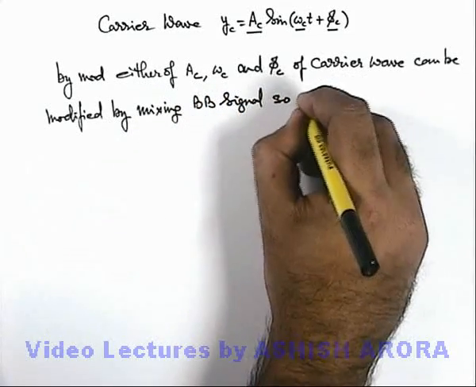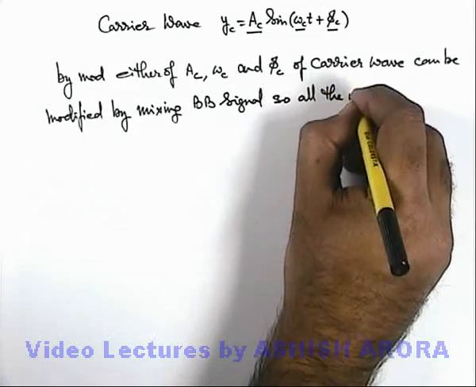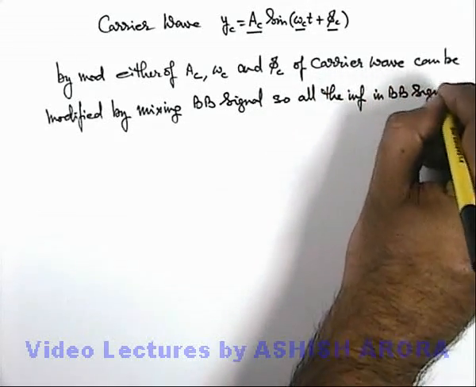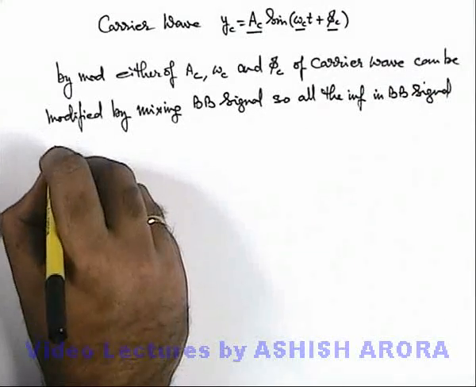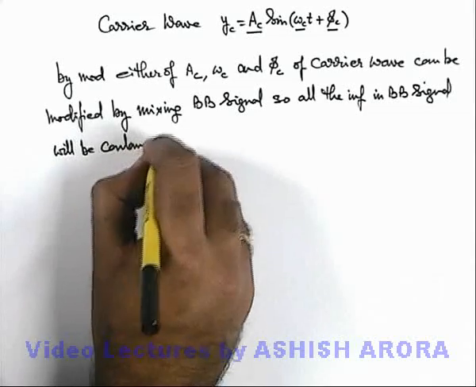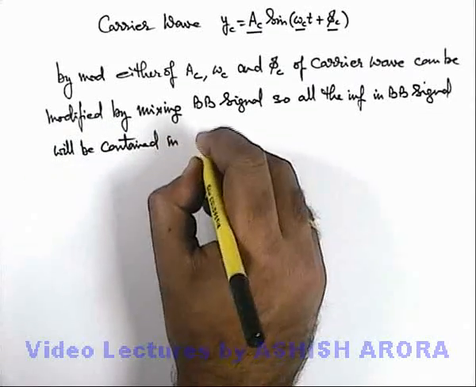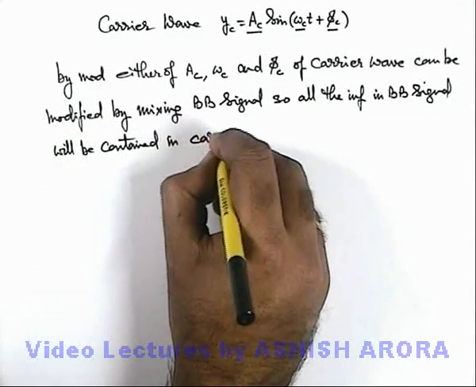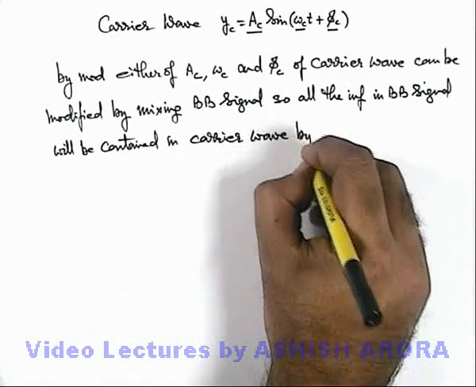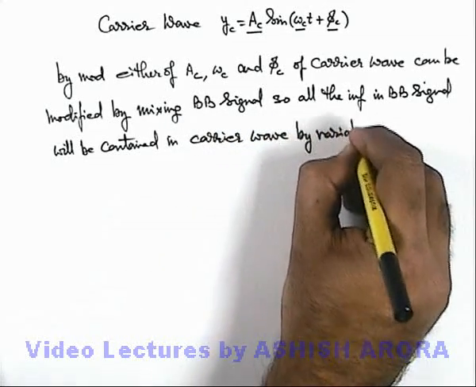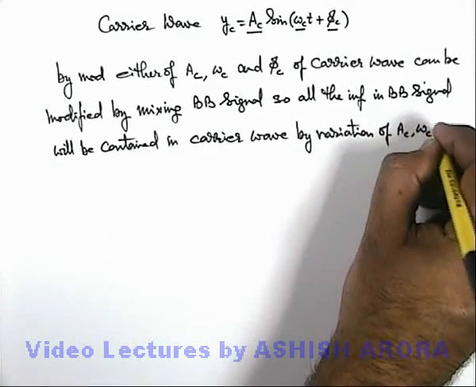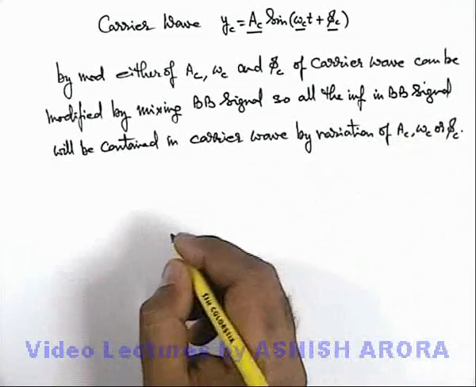So all the information in the baseband signal will be contained in the carrier wave by variation of AC, omega c or phi c, whichever we are using.